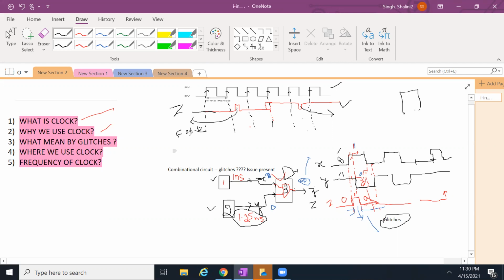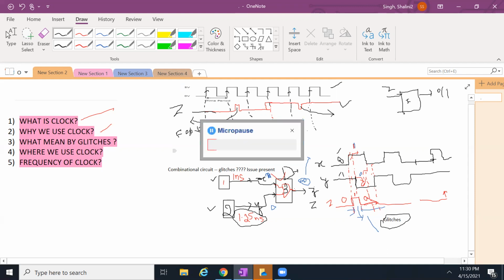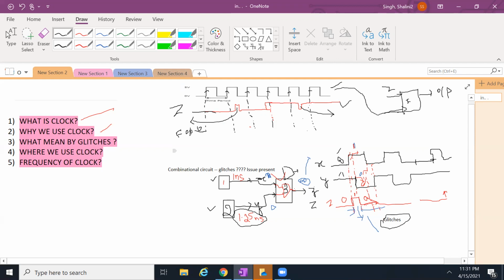This input, Z input, I am giving to the flop. And here I am getting the flop output. Okay. And this is my clock. So this clock is coming to this port of this flop, and this is the input to this flop, and we'll get the output here.